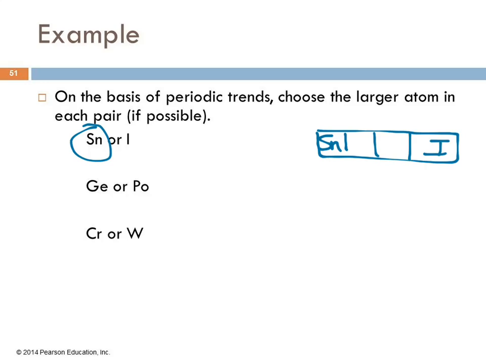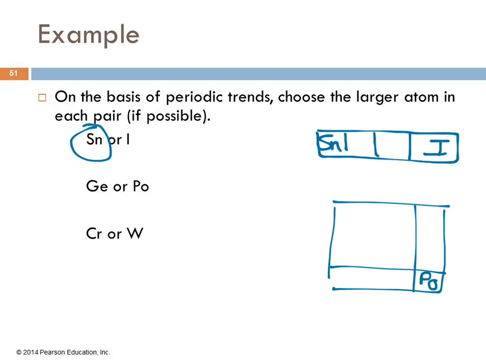How about germanium and polonium? Let's see. If we put polonium down here, germanium would be right here.